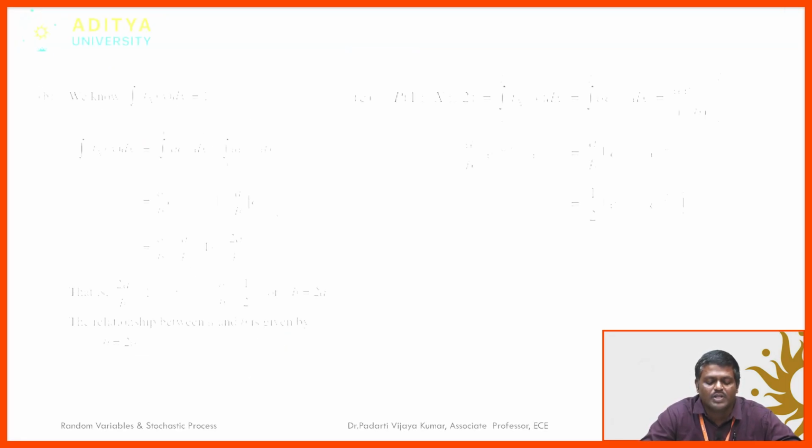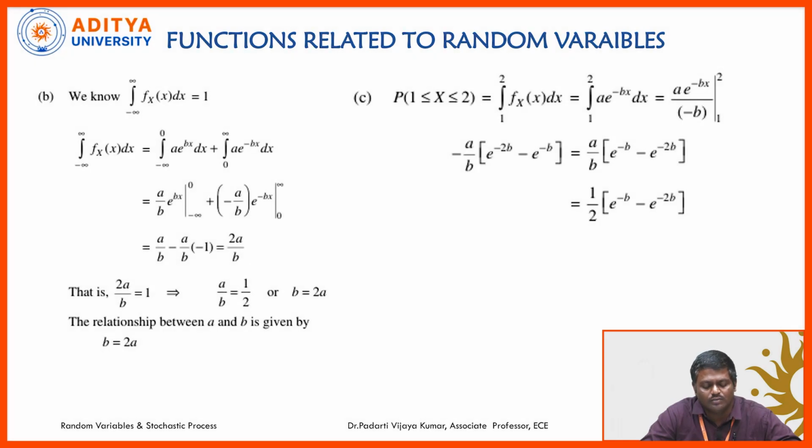The next problem asks us to compute the relationship between a and b. We know that a function is a valid density function if the area under it is unity. Using this property, let us develop the relationship between a and b.